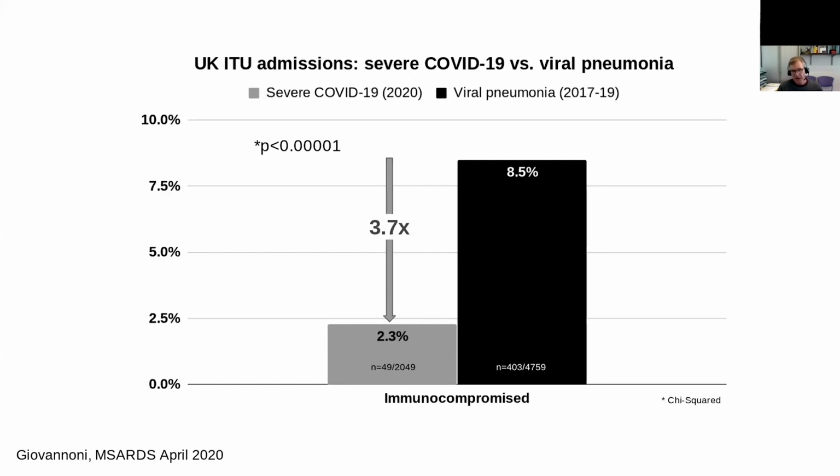So this would suggest that being immunocompromised potentially protects you from going into intensive care. If immunosuppression were a problem, you would have expected this figure to be in the same proportion as other viral pneumonias. And so this raises the issue that maybe mild immunosuppression is beneficial.